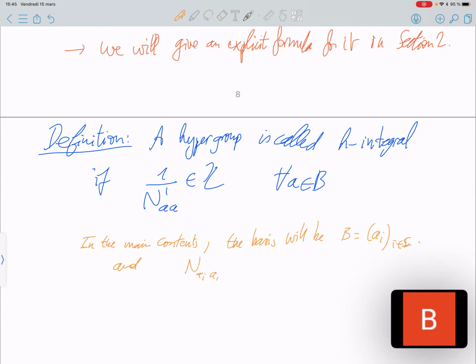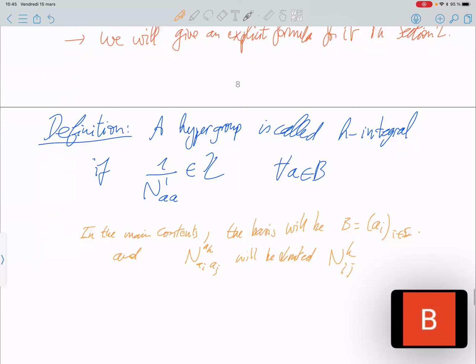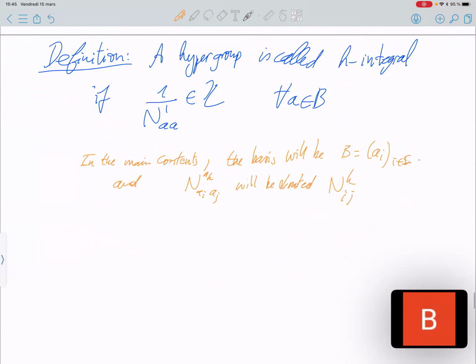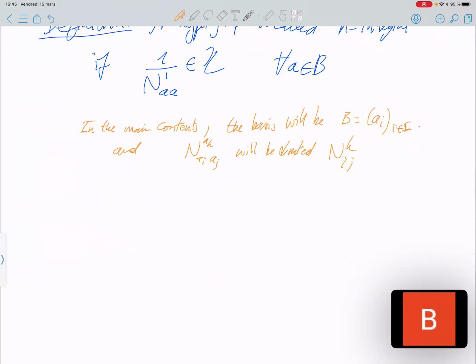N AI AJ AK will be denoted Nij K, and N AI star.